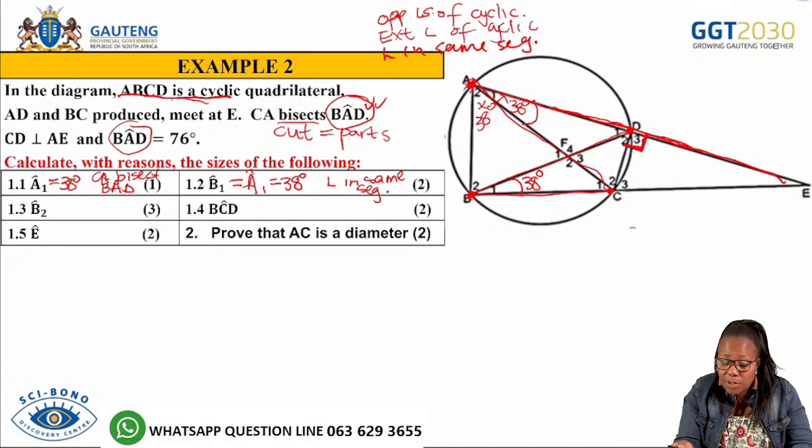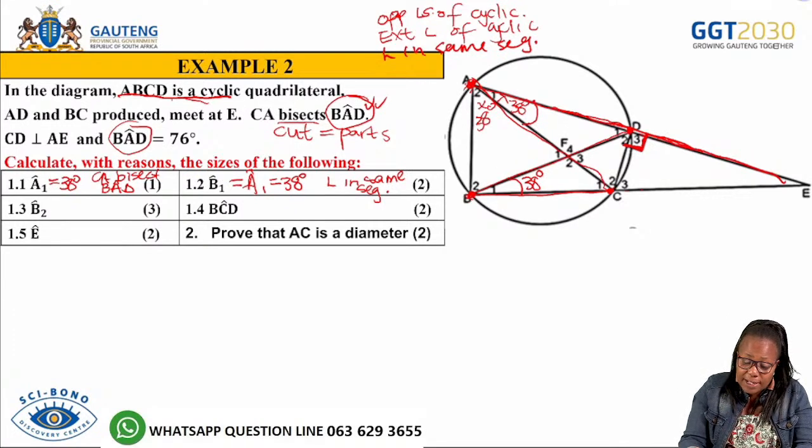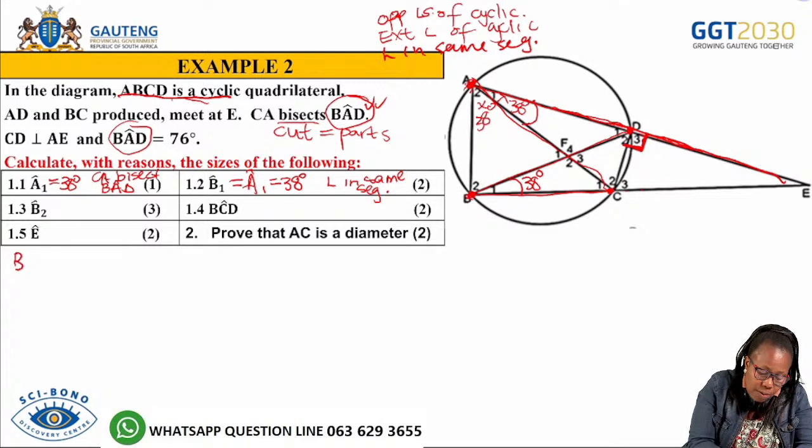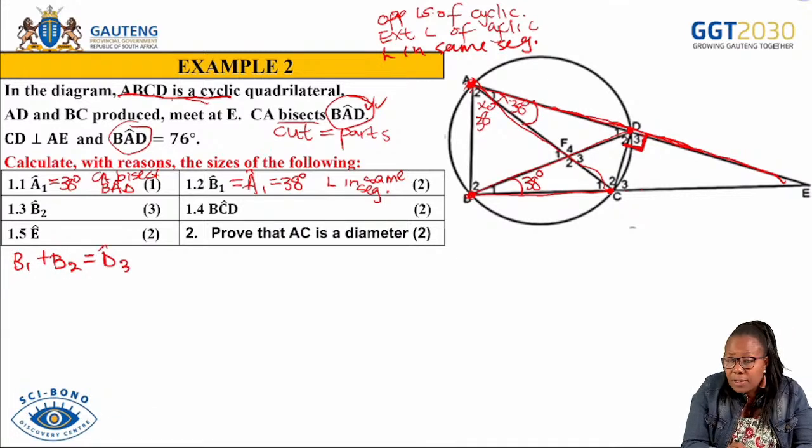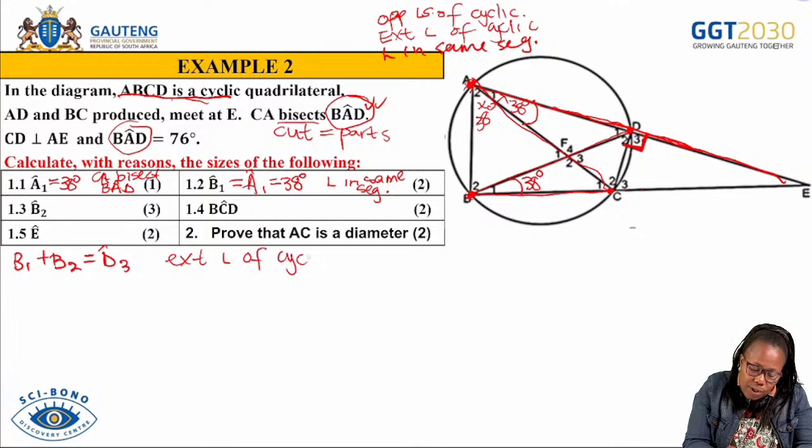Remember we said we will come in, pass angle A and go to B. That means angle B, both 1 and 2, when you add them, they will give you the 90 degrees from D. After that analysis, we are now concluding B1 plus B2 is equal to angle D3. Why is it equalizing them? Because of the exterior angle of a cyclic quad.